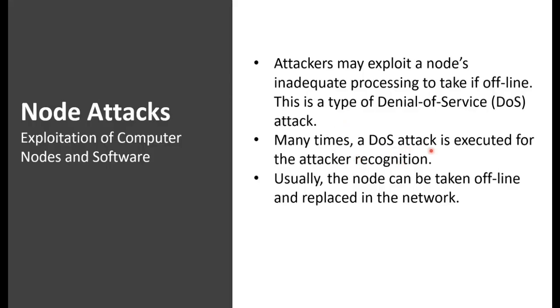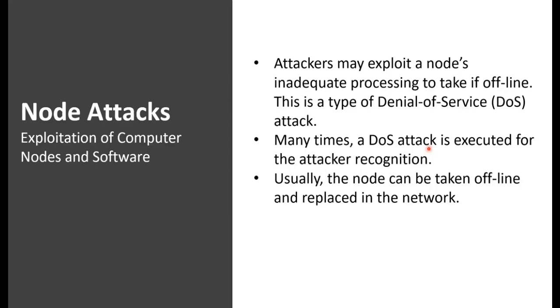Many times a denial of service attack is executed really for recognition of the attacker, so often they boast about what they've done. The response to this typically is that the node is taken offline and very quickly replaced on the network by a new node.